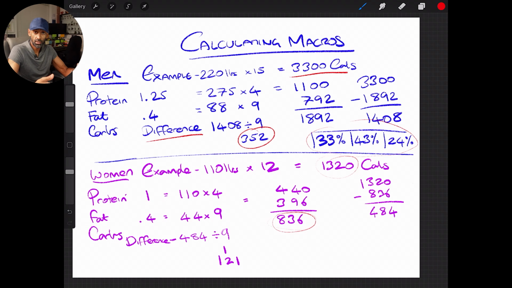If you start this formula and in 3 or 4 days you're feeling quite weak and tired, you probably need to add calories. So you just take that number 15 and times it by maybe 18 or 17, or for women just add 2. That might be your starting calories. Then you track it every week. You weigh yourself, you track what you're eating, you calculate your macros, and you look at your calorie maintenance and see if you're dropping or going up. Then you just work your way from there.